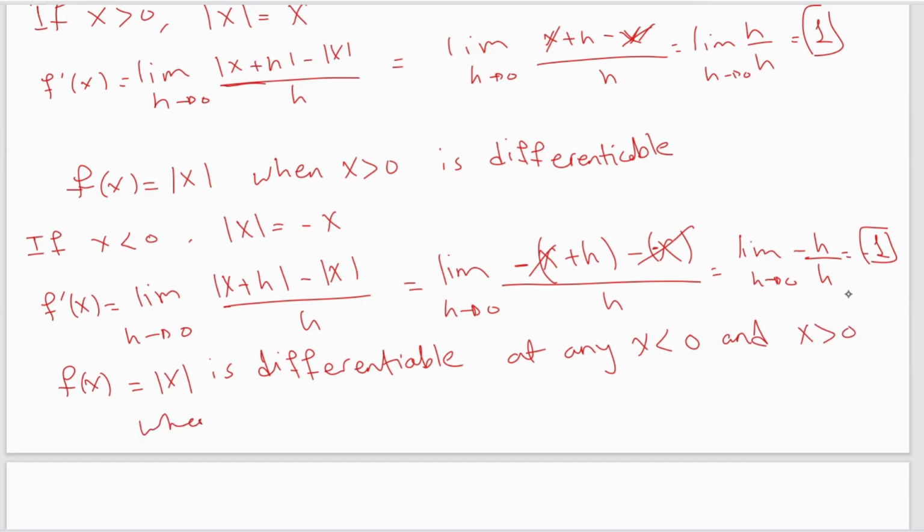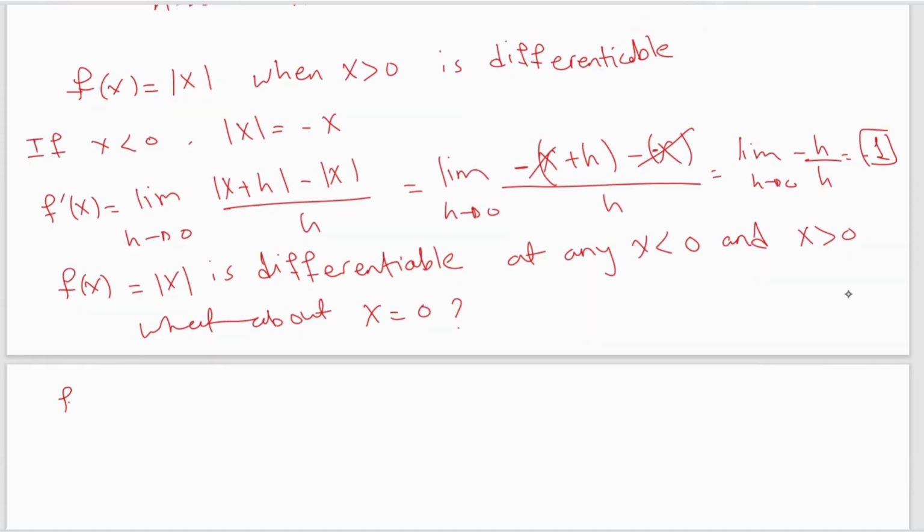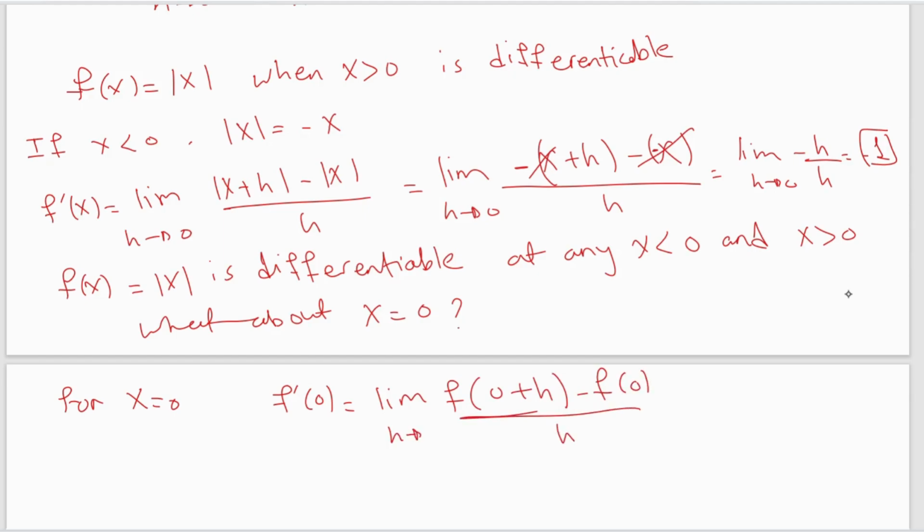What about x equals 0? For x equals 0, we're gonna have f prime of 0 equal to the limit of f of 0 plus h minus f of 0 over h when h goes to 0.